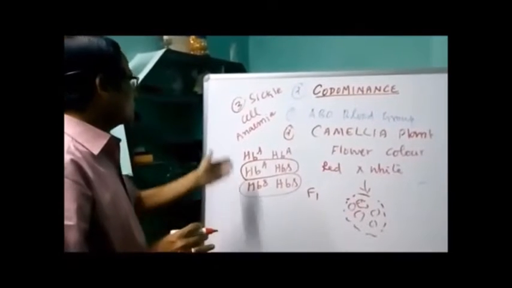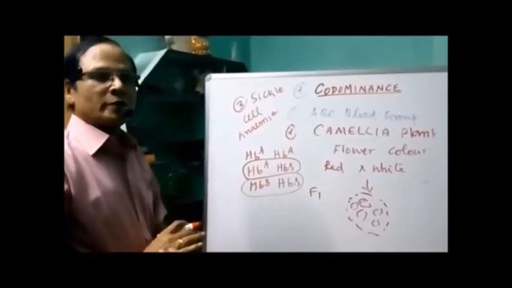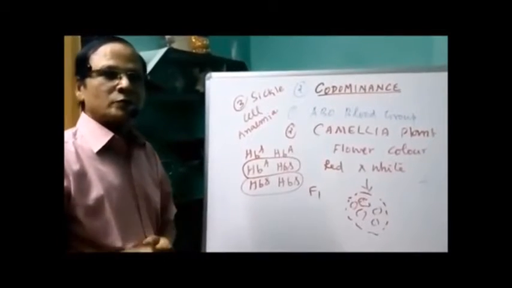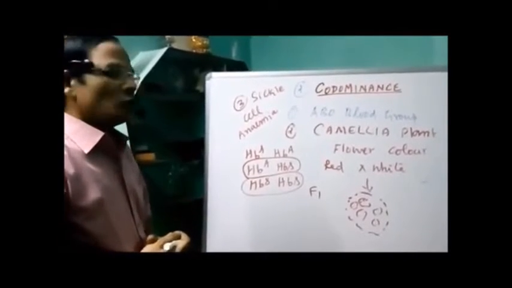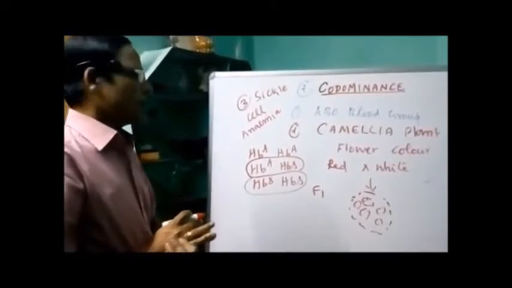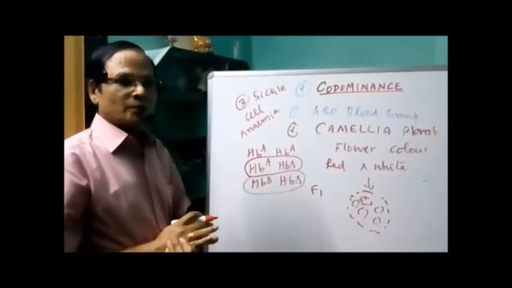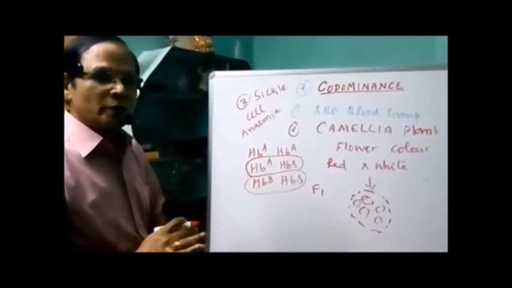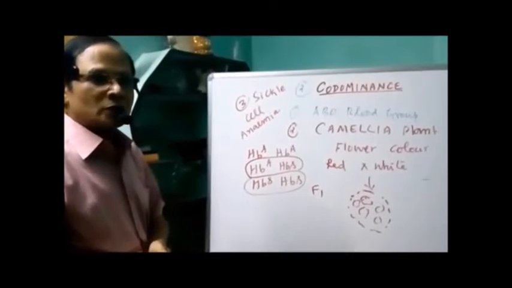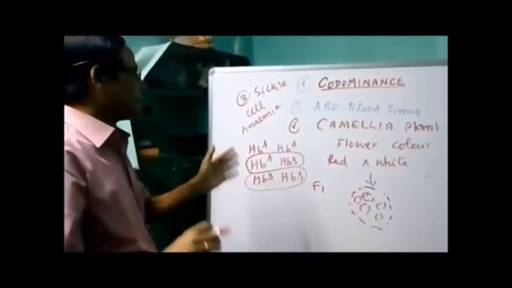We can also use sickle cell anemia for over-dominance. Normally over-dominance is observed in the case of immune system genes. When the heterozygous individual is superior to the homozygous individuals, it provides protection to those who are carriers.